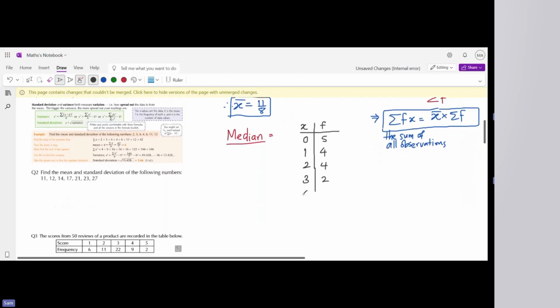Here we write total, and the total sum was 16.